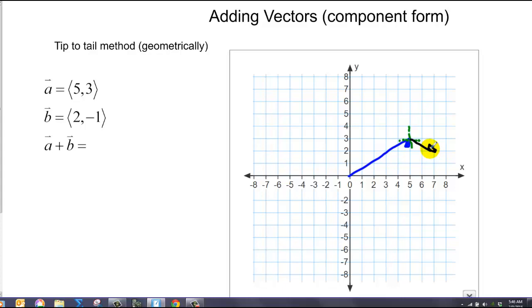So here's my other vector. Now, the sum of the two vectors happens to be the end result of starting at the first vector's tail and moving to the last vector's tip. So my solution in this case is going to be this vector here. Okay, and this red vector is something we call the resultant.